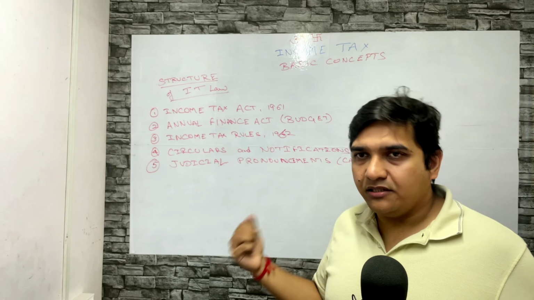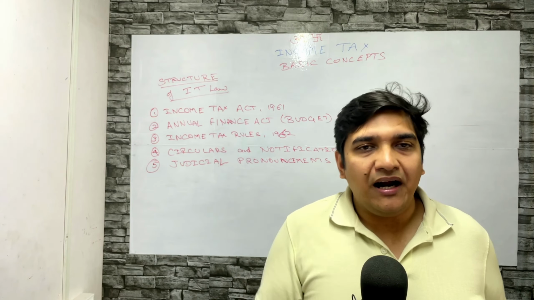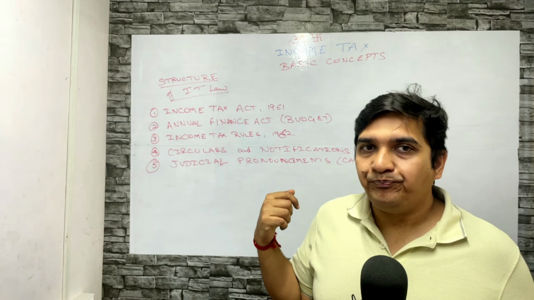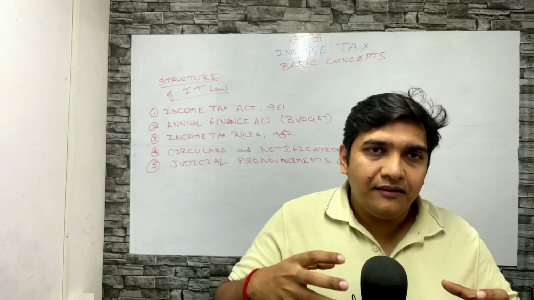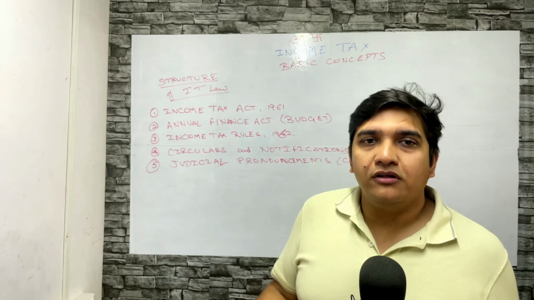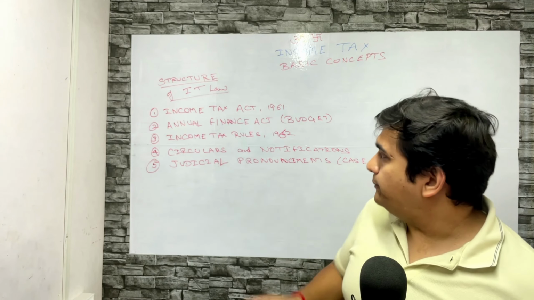Now, the circulars are binding on the department, but not on the assessee. What binding means is the department has to definitely follow the circular. The assessee has an option to follow the circular or not.